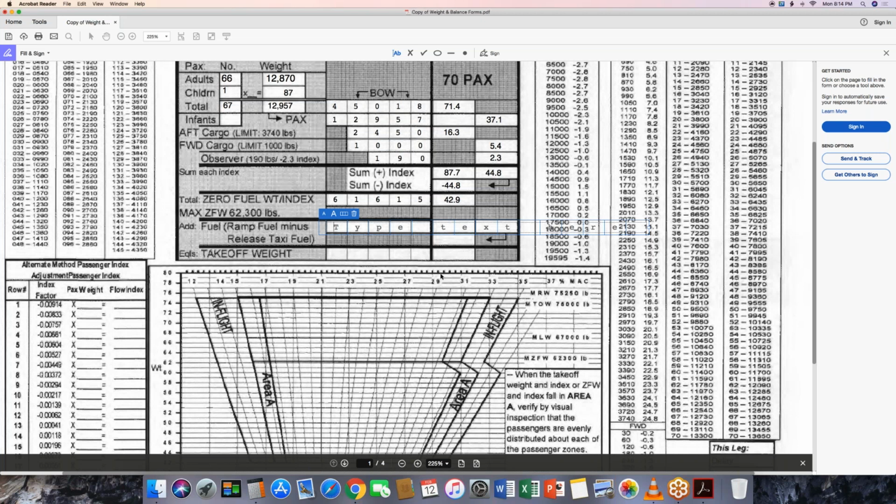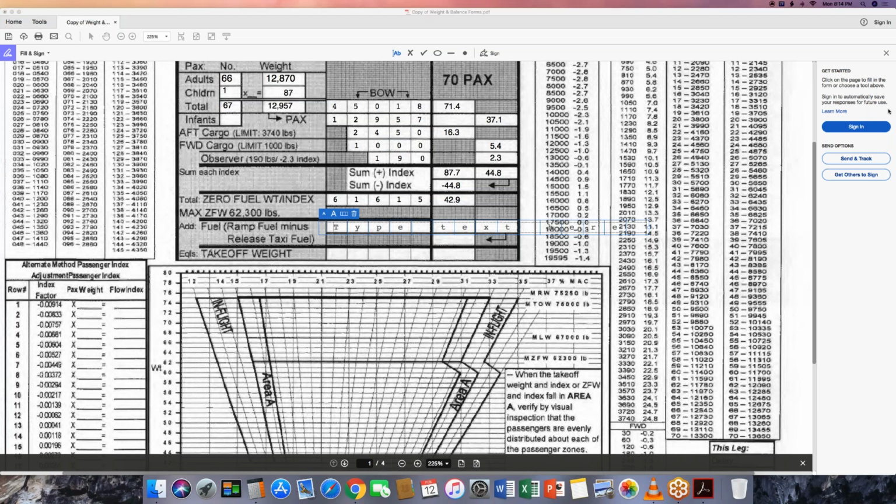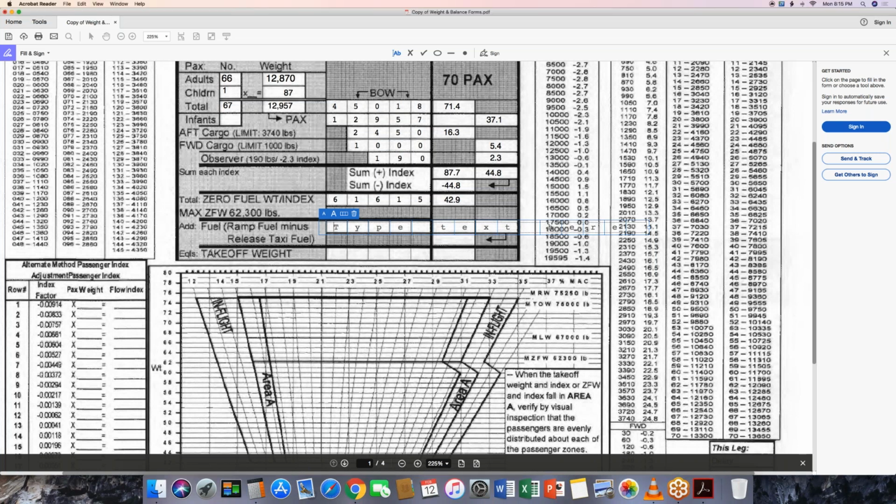Is that what we had? I can't remember. Let me pull it up. Yeah, that's right. So what's our total on that? What would our landing fuel weight be? 2,500 pounds. 2,500 or 3,500?